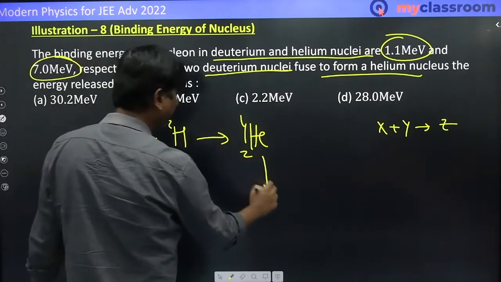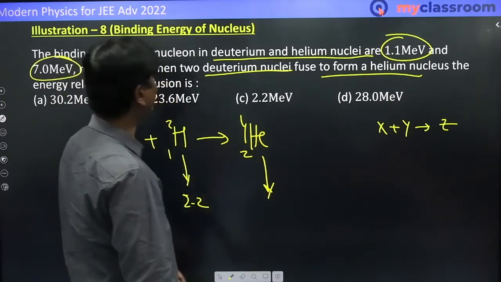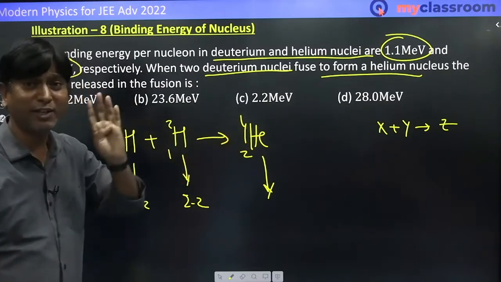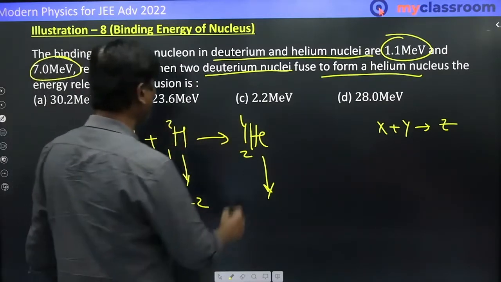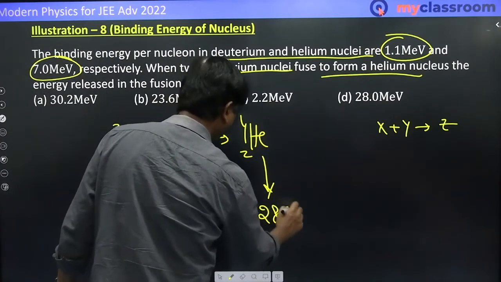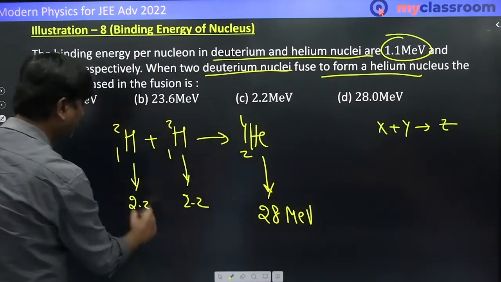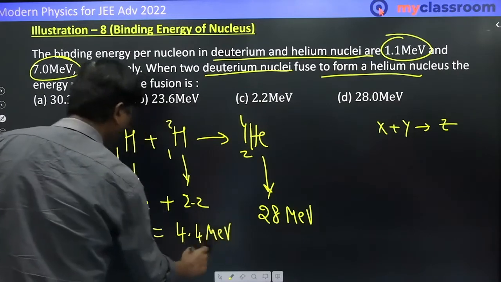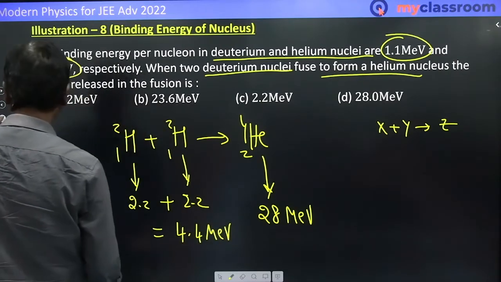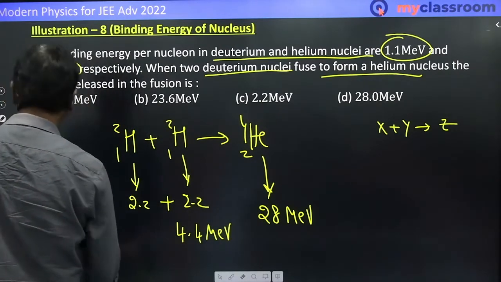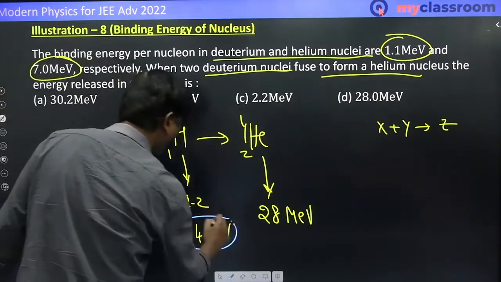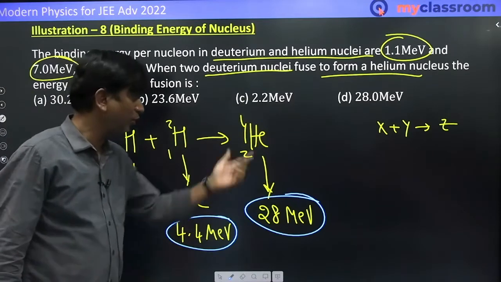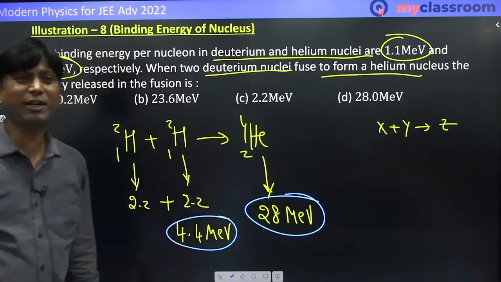For the helium, the per nucleon binding energy is 7, and there are 4 nucleons, so the total binding energy is 28 million electron volts. The total binding energy of the LHS is 4.4 million electron volts. Correct or not? So the LHS total binding energy is 4.4 and the RHS total binding energy is 28 million electron volts.